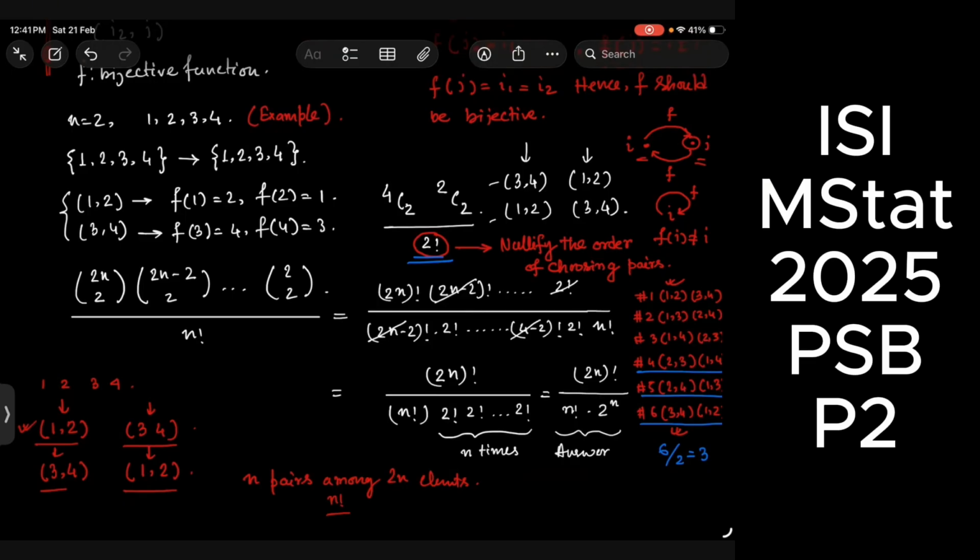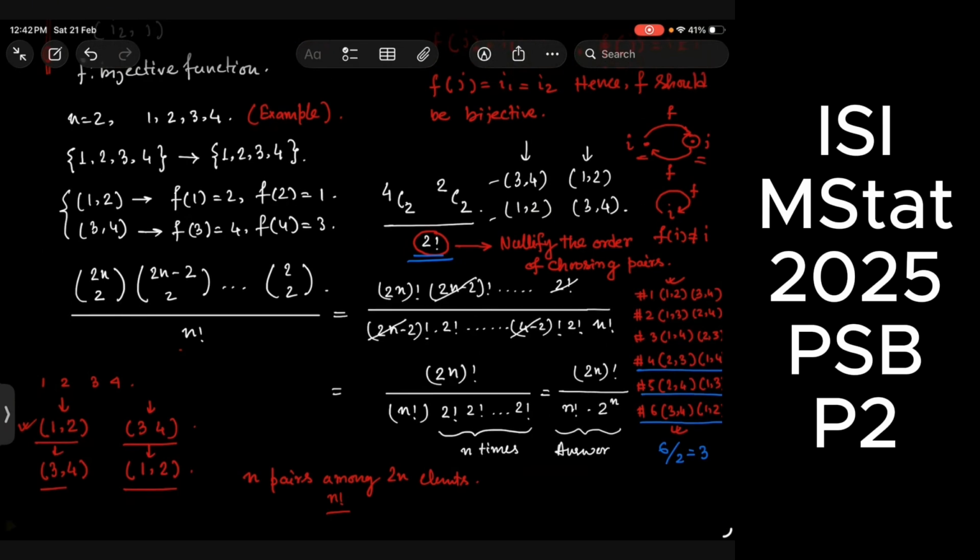Yes, sir, it's clear. So whenever a big problem is given in general terms, it's always recommended to take a small n, use your brain, and then generalize it. So we have generalized it with n, and this is the result.